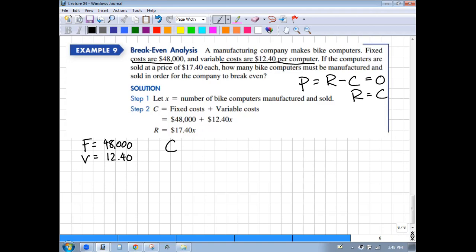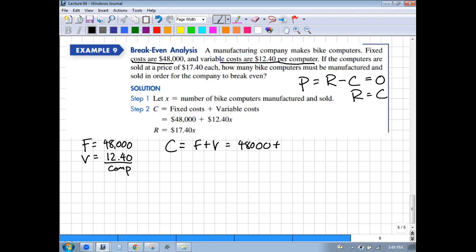Our total cost is the fixed cost plus the variable cost, which is 48,000 for the fixed cost. Now the variable cost isn't just this. It's $12.40 per computer.